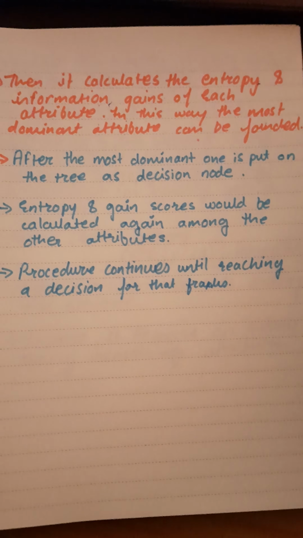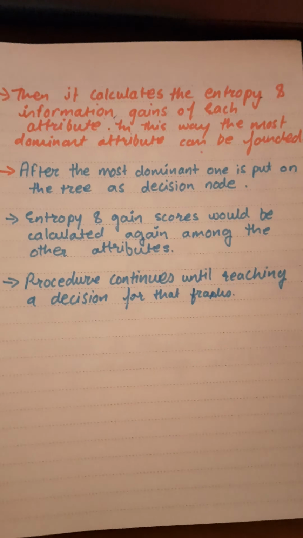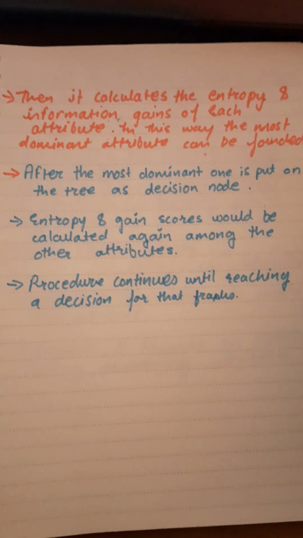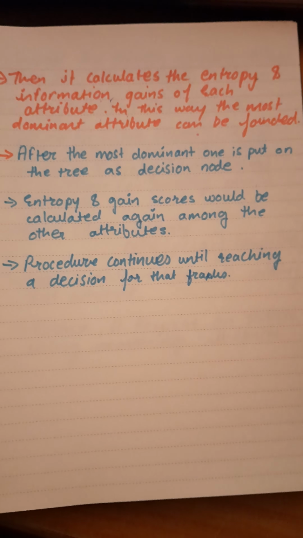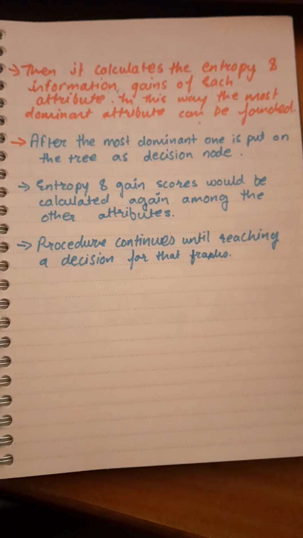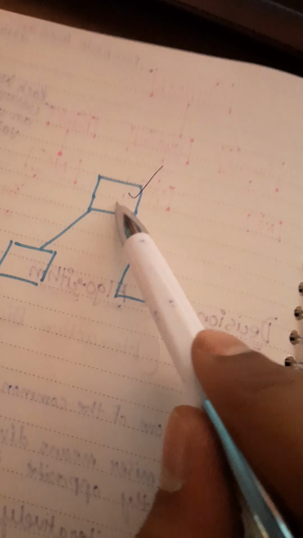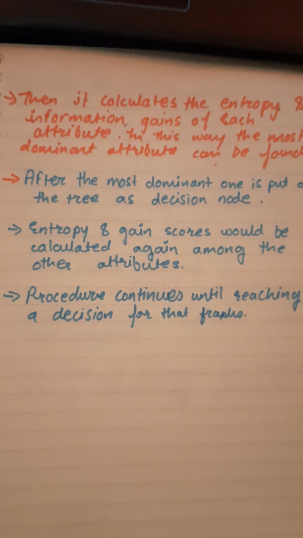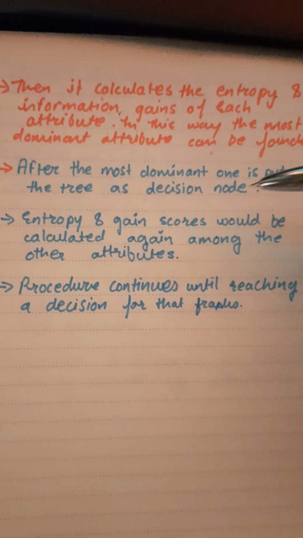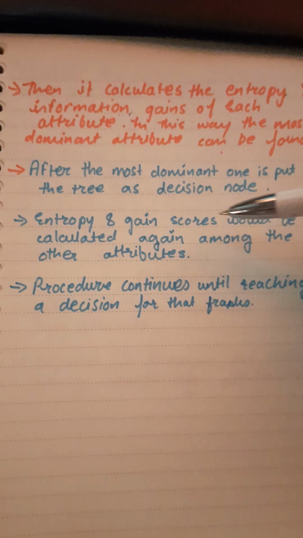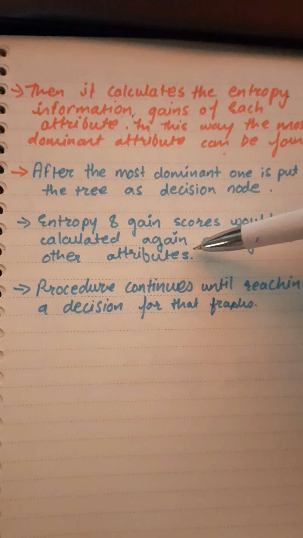After that, the most dominant one is put on the tree as the decision node. So what does that mean? The most dominant one would be put as a decision node. That means this one. Okay, so it would be placed as a decision node. Then the entropy and gain scores would be calculated again among the other attributes.